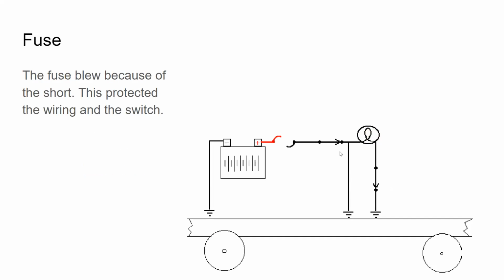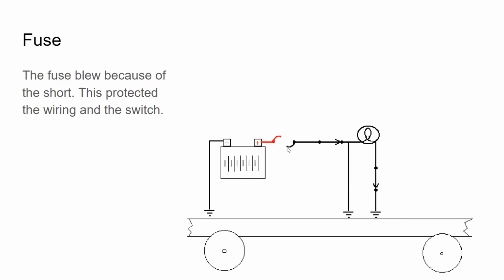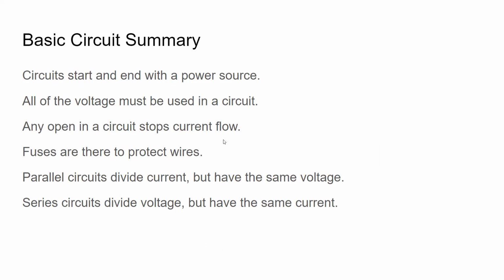If it gets used by a short, it should hopefully blow our fuse, which will protect our wires and keep them from catching on fire. Any open in a circuit stops the current flow. If we have loads like a light bulb, a motor, anything on that circuit, and we interrupt the connection to that current flow anywhere on the positive or negative side, it stops the current flow there.